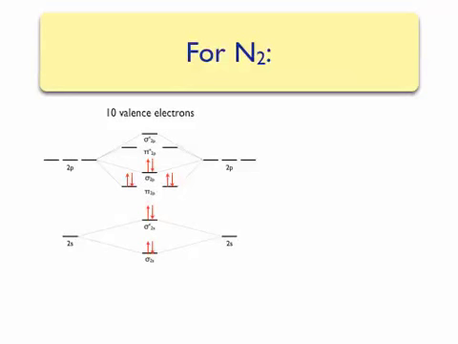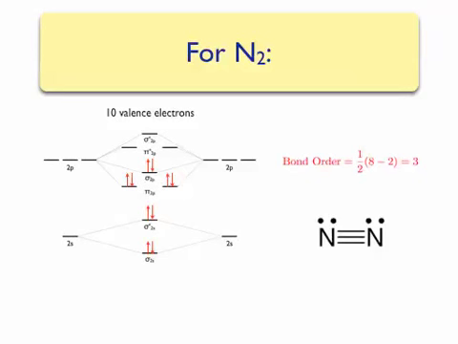These represent the energies of the molecular orbitals. Now we can calculate a bond order. Note that there are a total of 8 electrons in bonding orbitals and 2 electrons in antibonding orbitals. This gives us a bond order of 3.